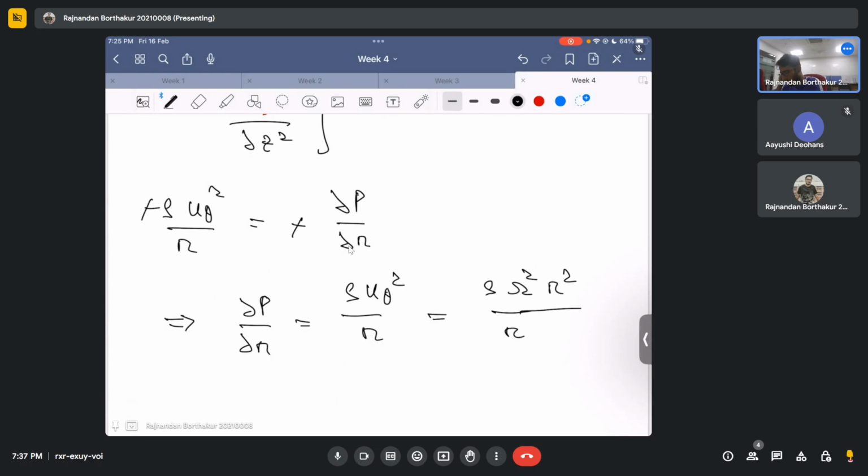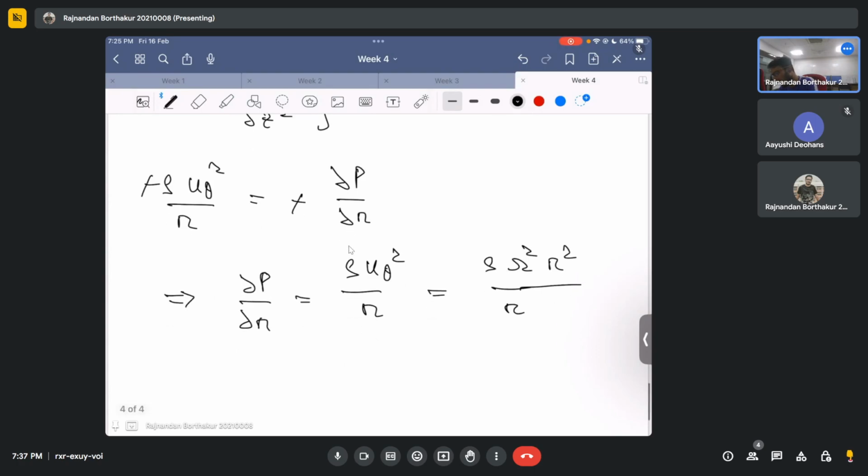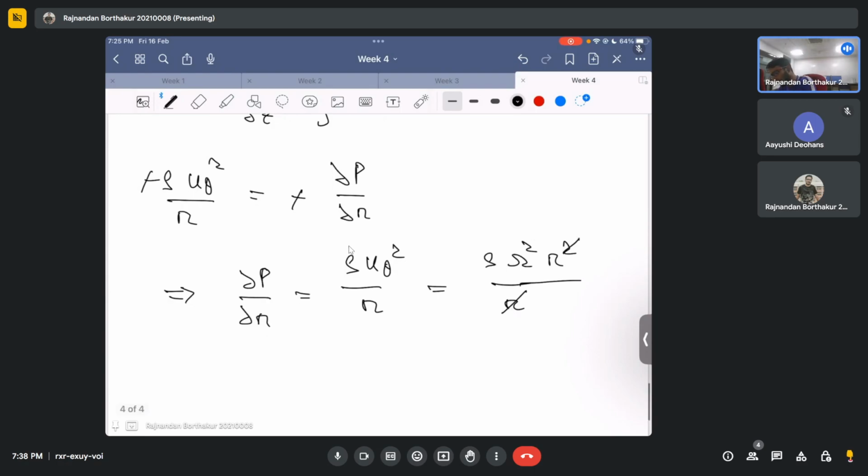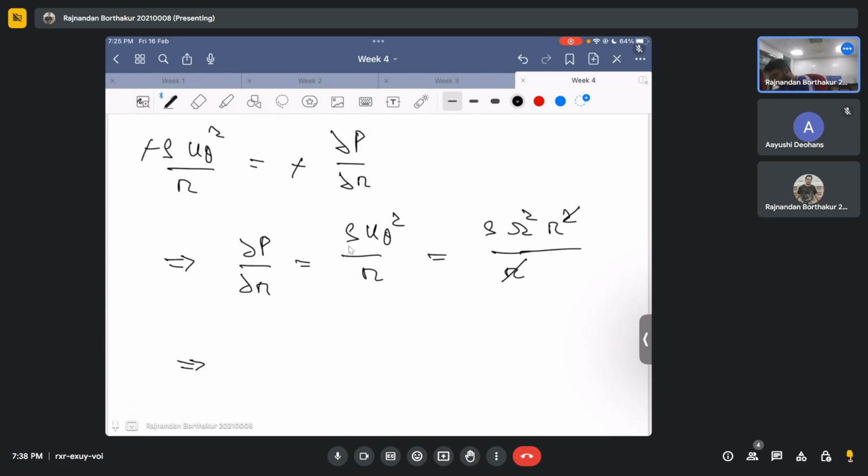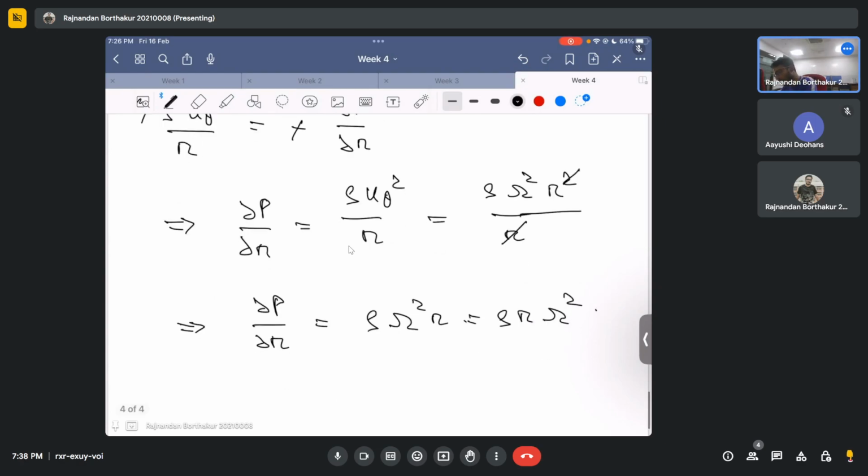If we simplify this, it becomes del p by del r equal to rho omega squared r, or this can be written as rho r omega squared.